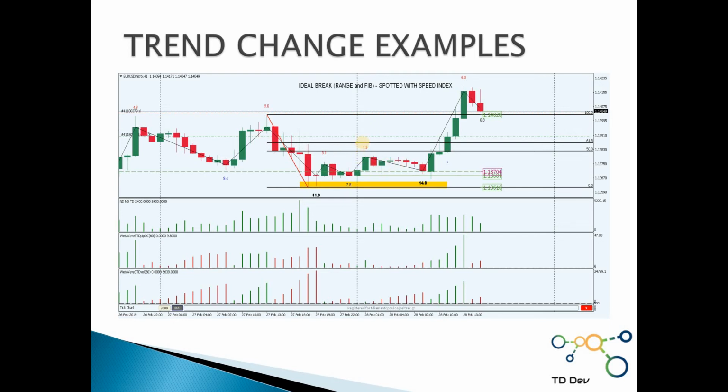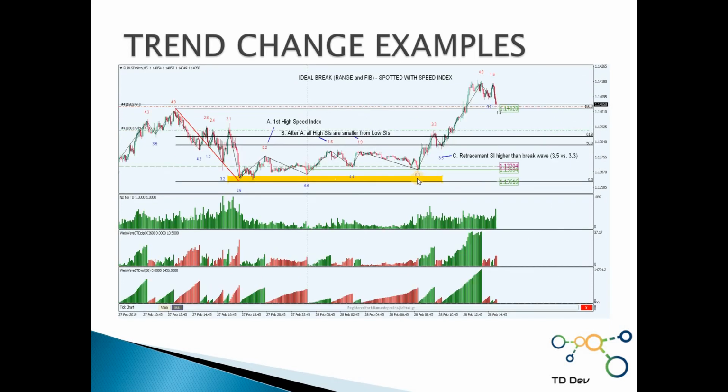Now, in order to make sure that this is the case, we can confirm it with the 5 minutes. So on the next slide I will show what is happening in this area, in this yellow area, on the 5-minute chart. So this is the 5-minute chart.